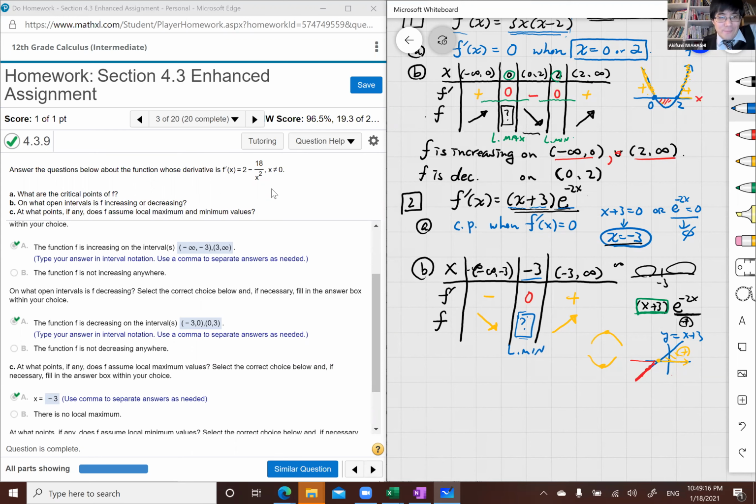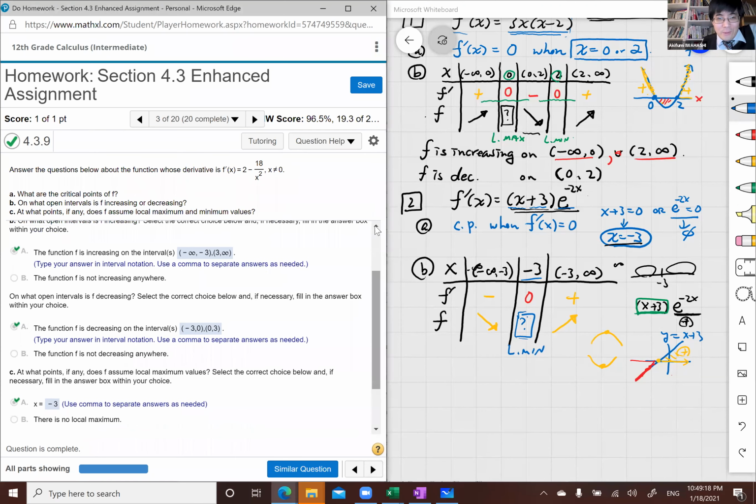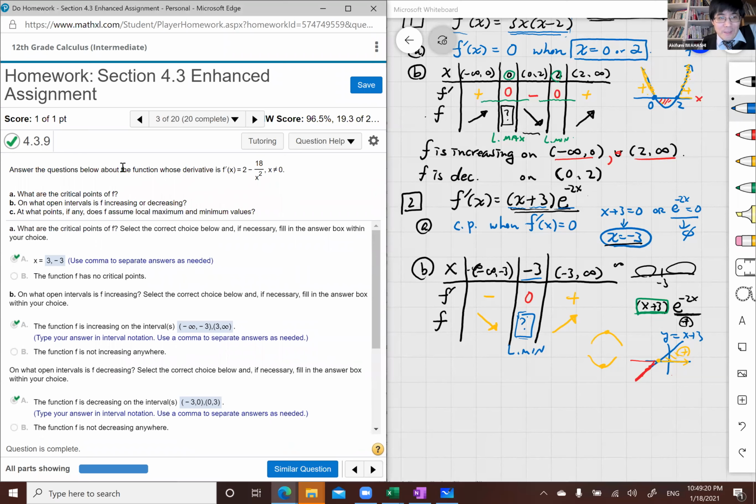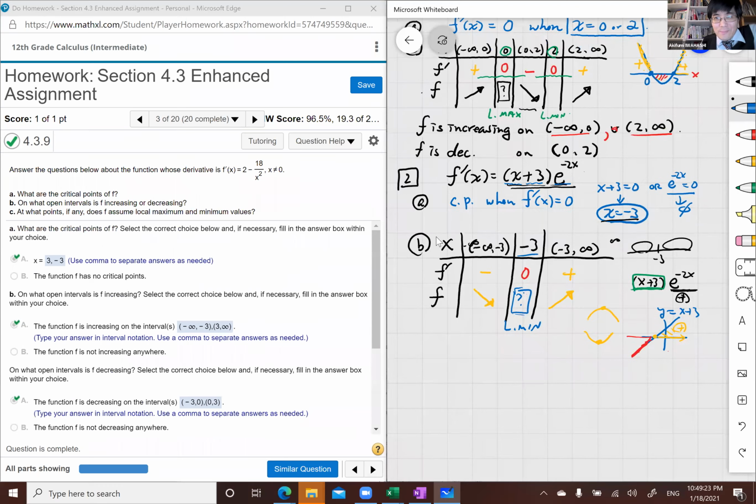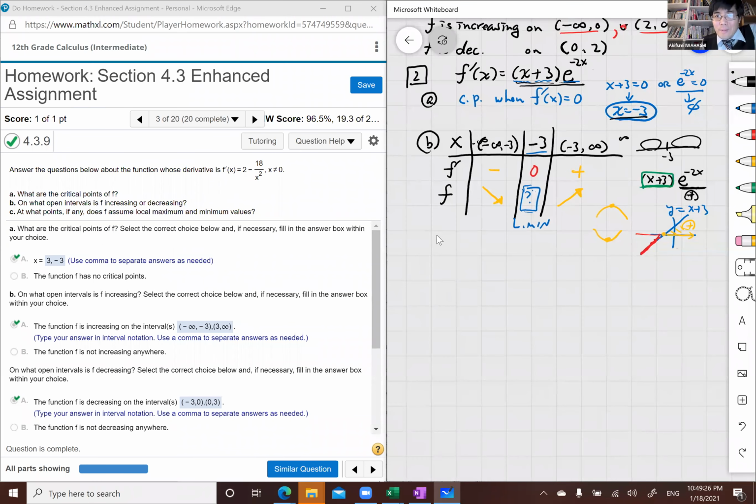Okay, number 3. I'm going to go quickly because it's the same problem, but just a different function. You now have a derivative of 2 minus 18 over x squared. And the domain is all real numbers except 0.